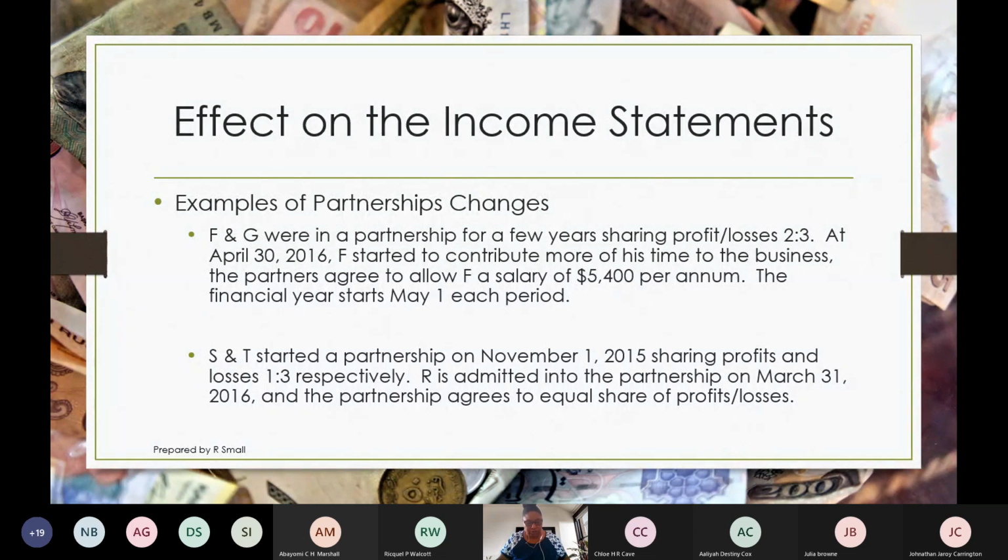All right. So that is my introduction to partnerships. In your PowerPoint, you will see that we said there's an example, Tub, Puddle, and Martin.